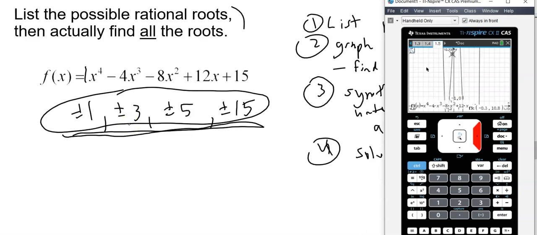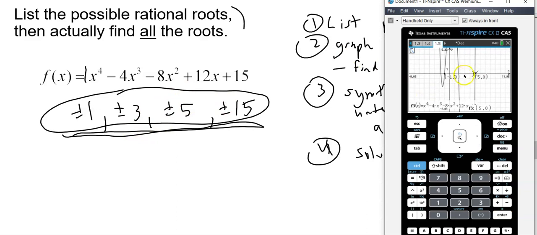That's one that I want. I missed one. 1.73 is not on my list of possible rationals, so I don't want to list that one. And 5 is on my list of possible rationals, so I do want to list that one.